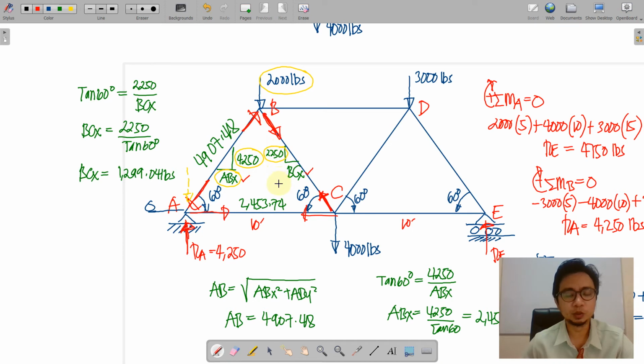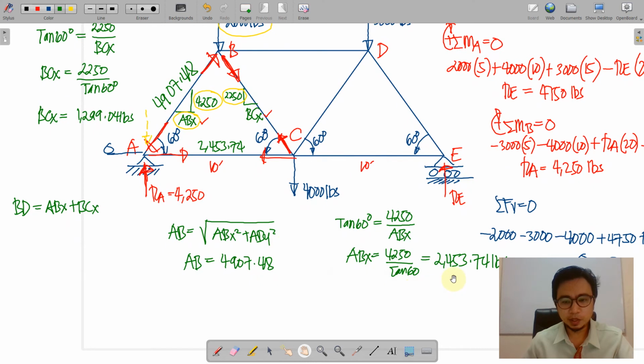So it should be a leftward direction for BD, summing up ABX and BCX. We have BD equal to ABX plus BCX.